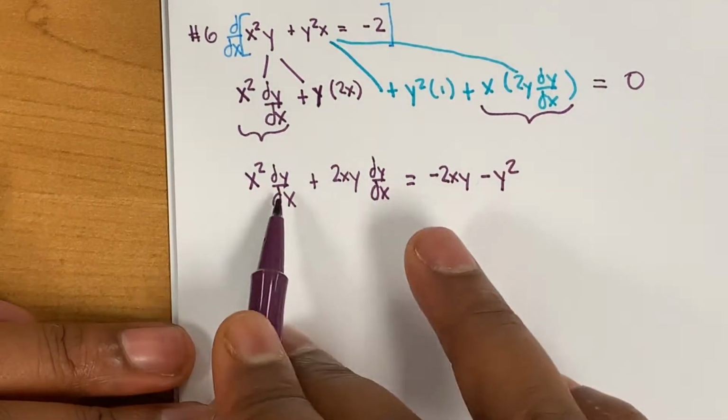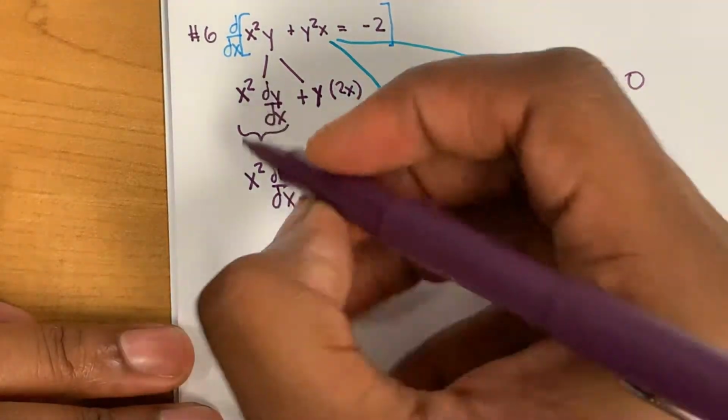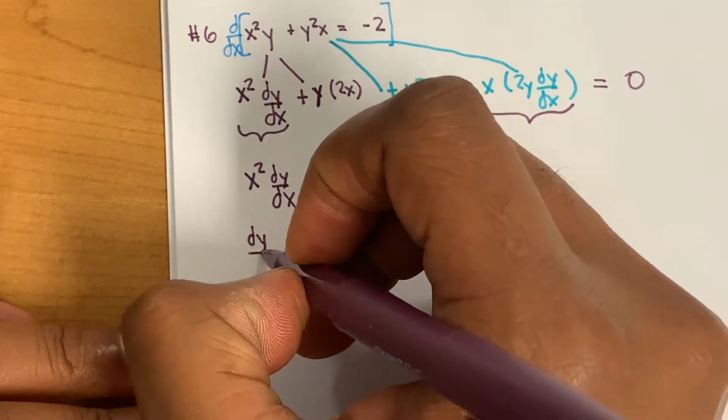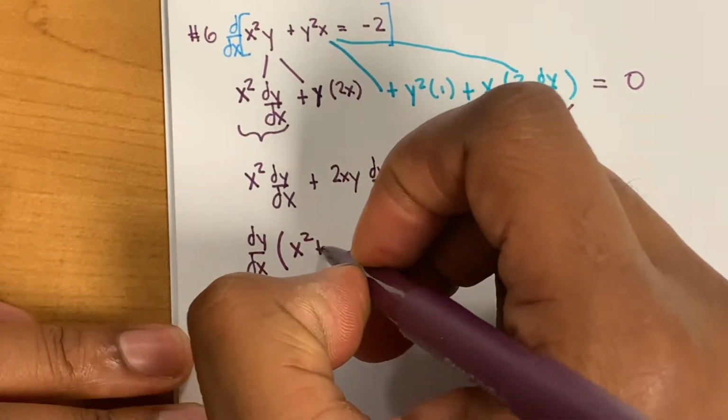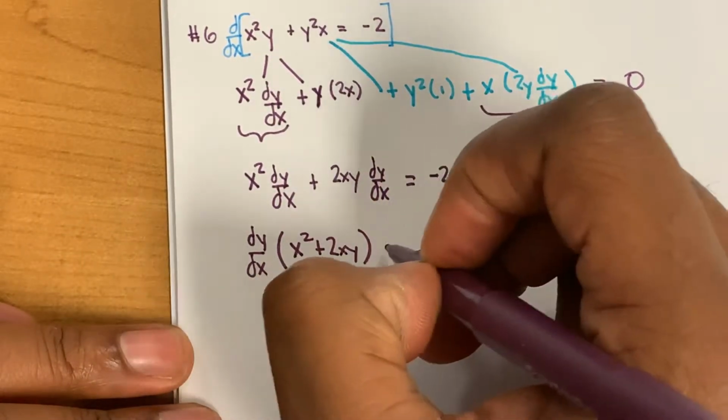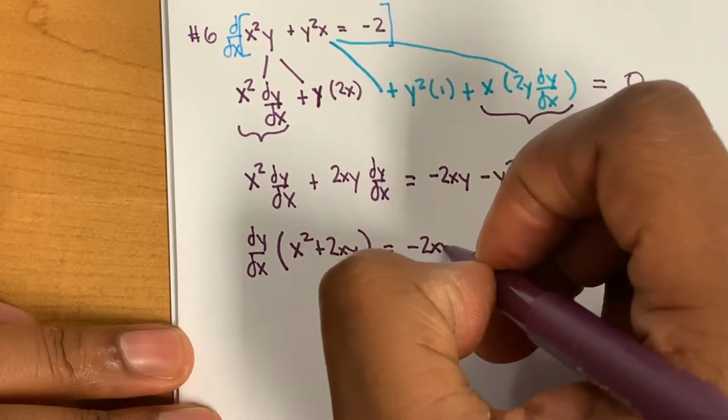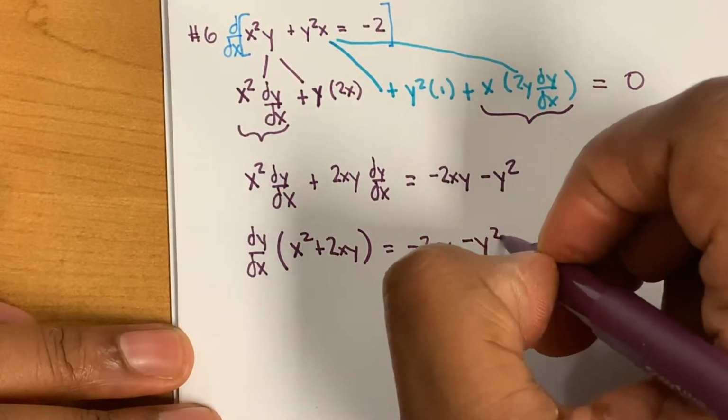When we're looking at this, the common factor they have is a dy over dx, so we factor that out, we get dy over dx times x squared plus 2xy equals negative 2xy minus y squared.